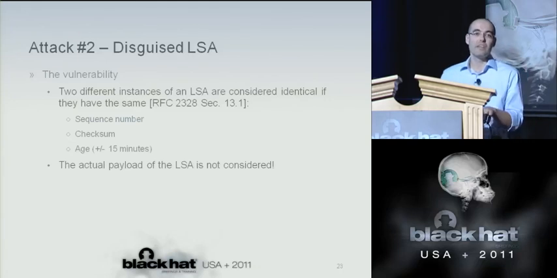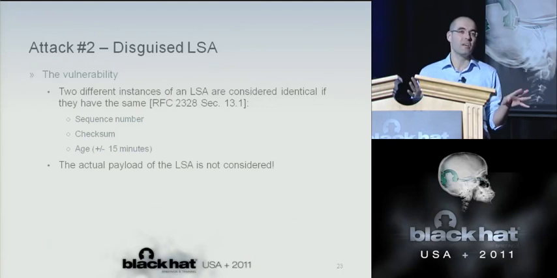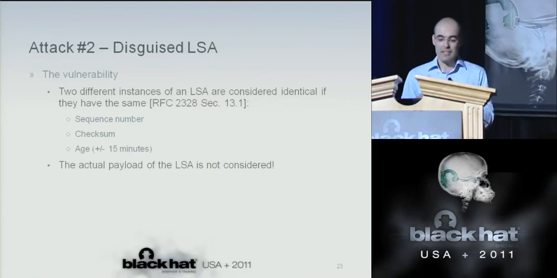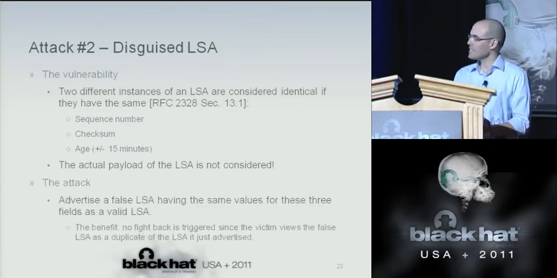This means that if there are two different LSAs with totally different links in them, they can still be considered by a router identical, if they have these same three fields: the checksum, sequence number, and age.